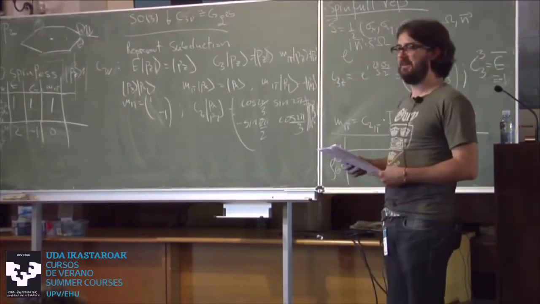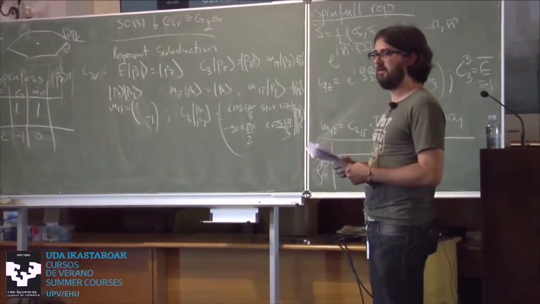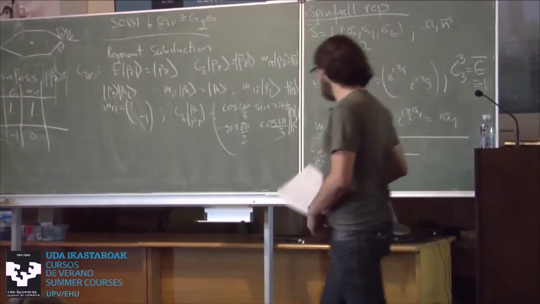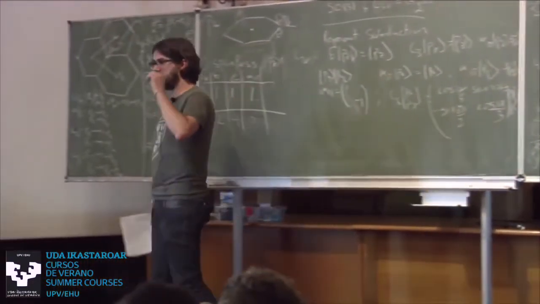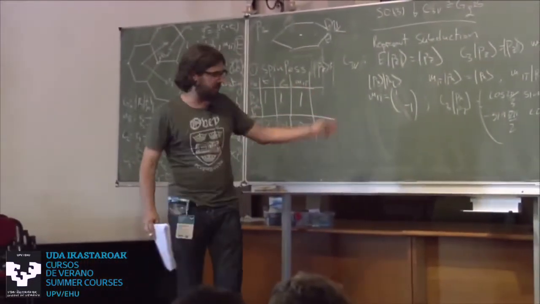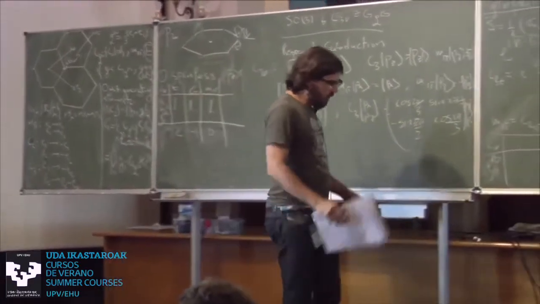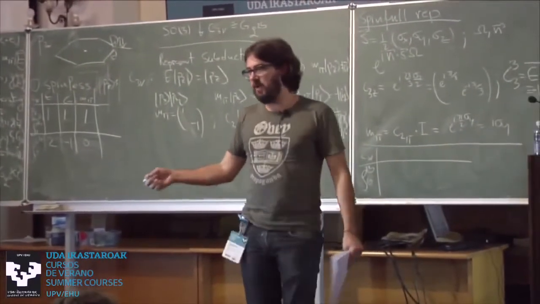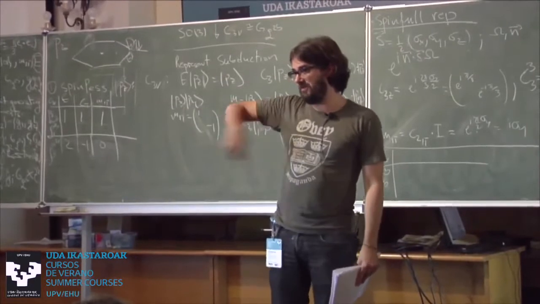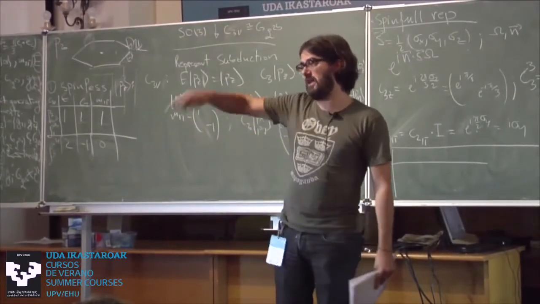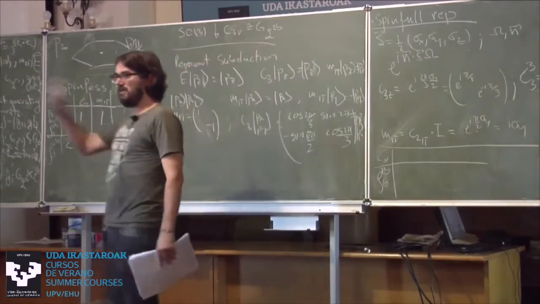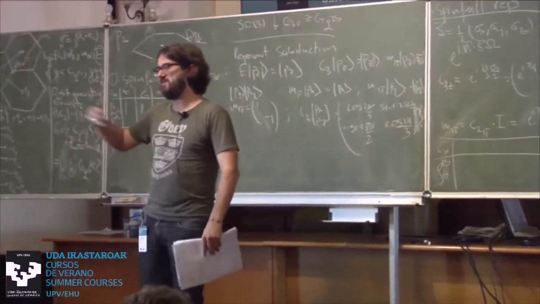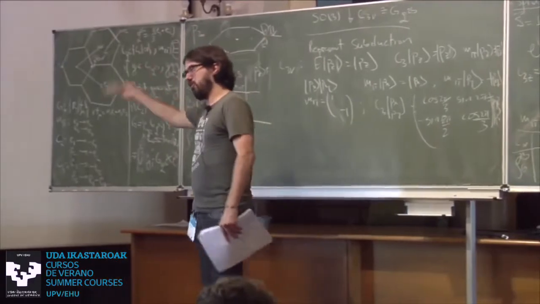Yes? Why doesn't the inversion act on the spin? So inversion is a purely spatial symmetry that takes all the coordinates to minus themselves. What acts on spin are rotations. Okay, so C2 rotations act on spin. But inversion by itself doesn't act on spin, because you can't represent inversion as just rotations.